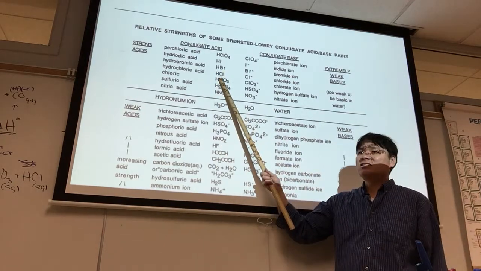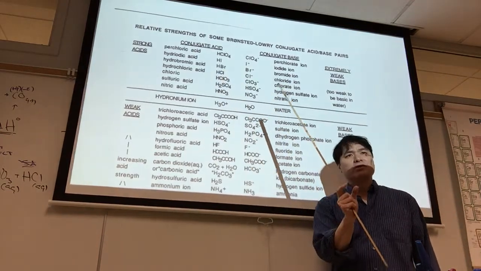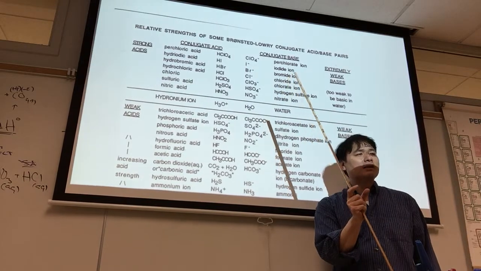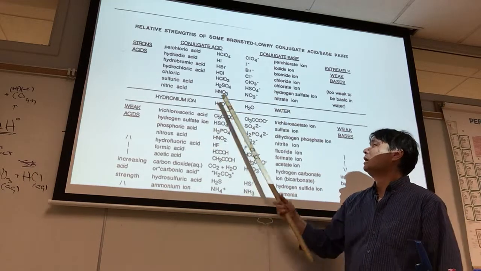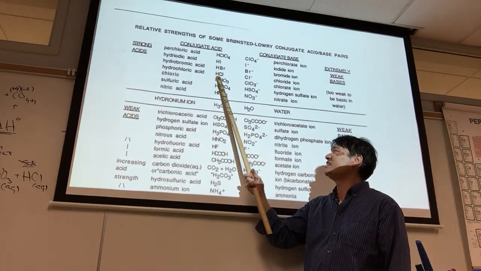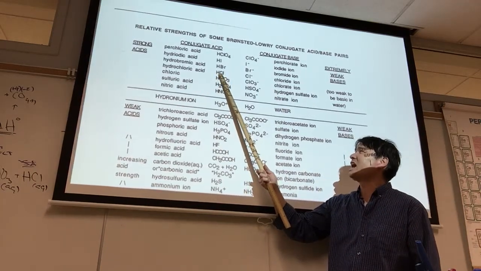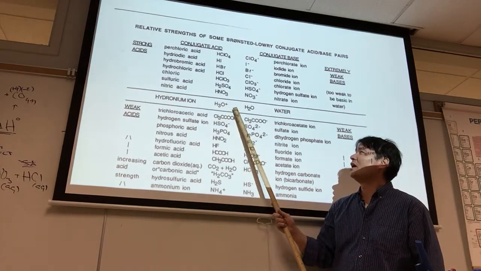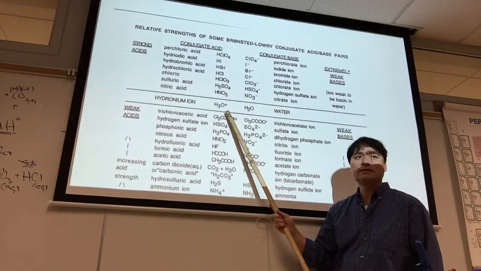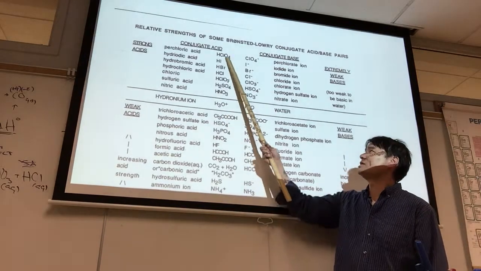HCl itself doesn't exist. You aren't going to find HCl molecules in water. Or you might, but that's a rare coincidence, and it should rapidly break apart or reform. And so the HCl is going to ionize 100% to H plus and chloride, or hydronium and chloride. Does that make sense?